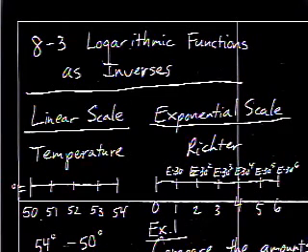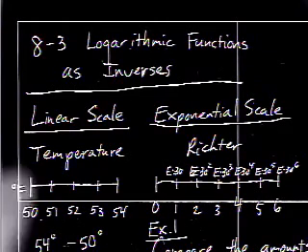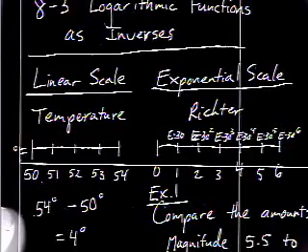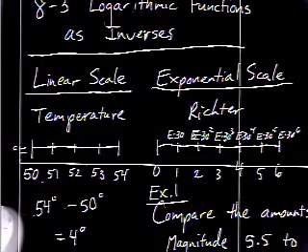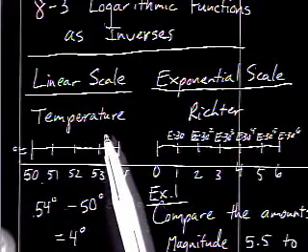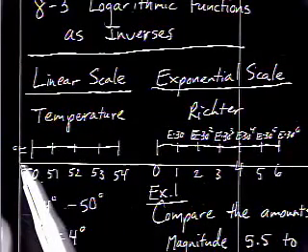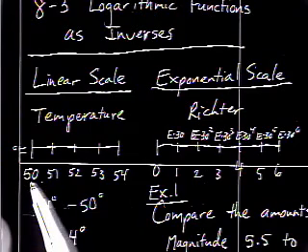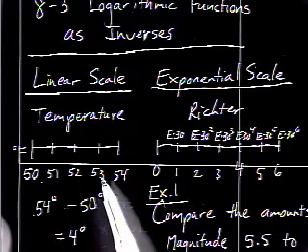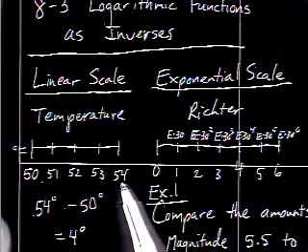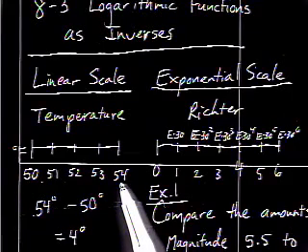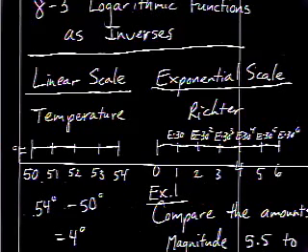how exponential scales work. For instance, you are extremely used to the linear scale, such as temperature. The linear scale for temperature, let's say on the Fahrenheit scale, 50 degrees, 51 degrees, 52 degrees, 53 degrees, 54 degrees. That's linear. Each movement up a degree is almost not even noticeable.